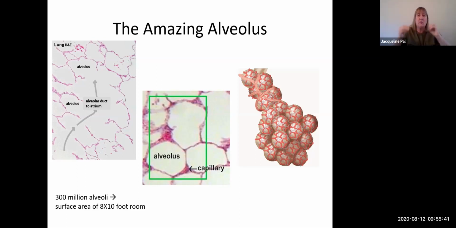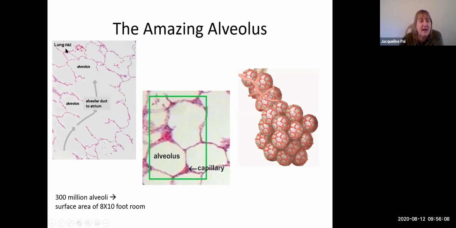So if we were to peel the equivalent of the outside wall, in other words, the epithelium of these alveoli off, which is the same as peeling all the skins off the grapes and then laying them out, you would end up with the surface area of an 8 by 10 room. And the whole point of this visual is for you to realize there's a huge surface area for gas exchange.